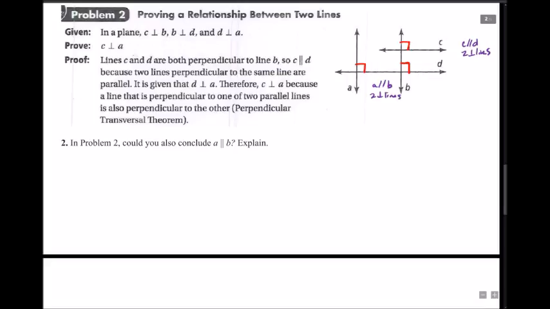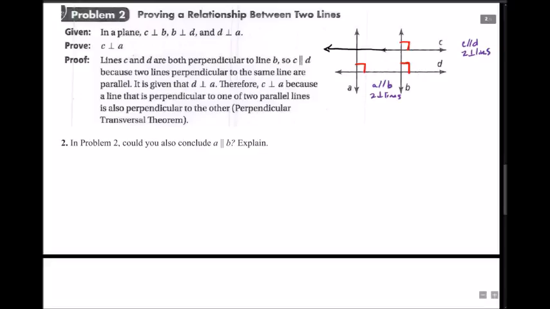All right, so what are we trying to prove? We are trying to prove that C is perpendicular to A. Oh my goodness. But looking at the diagram, C and A don't even intersect. Oh, but they do. We can extend this. This is a line. It goes on forever.